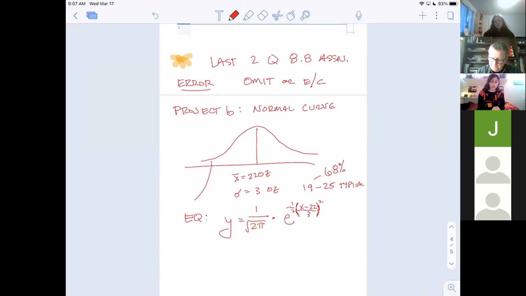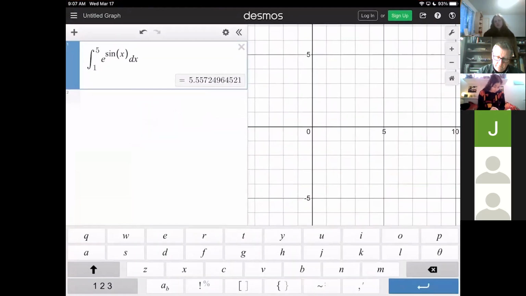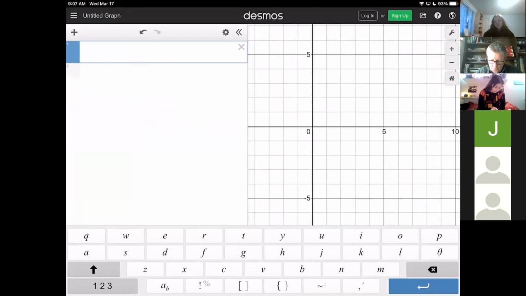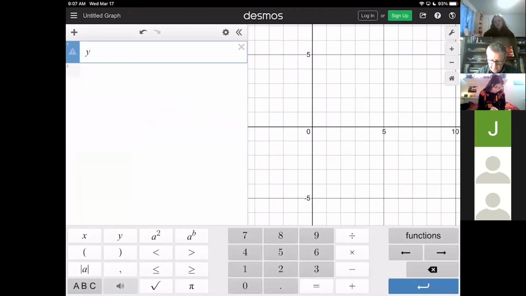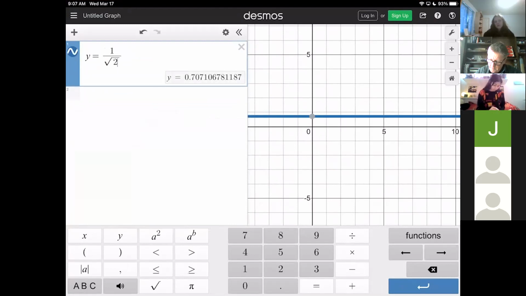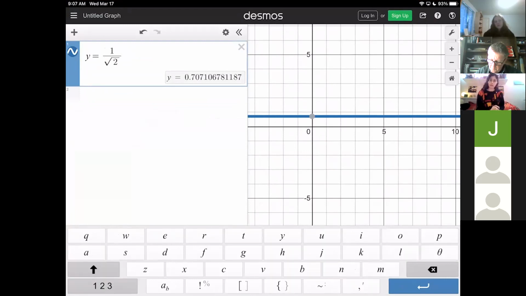This is kind of cool. So y equals 1 divided by the square root of 2 times pi. Where's pi on this thing? Pi, that's right.